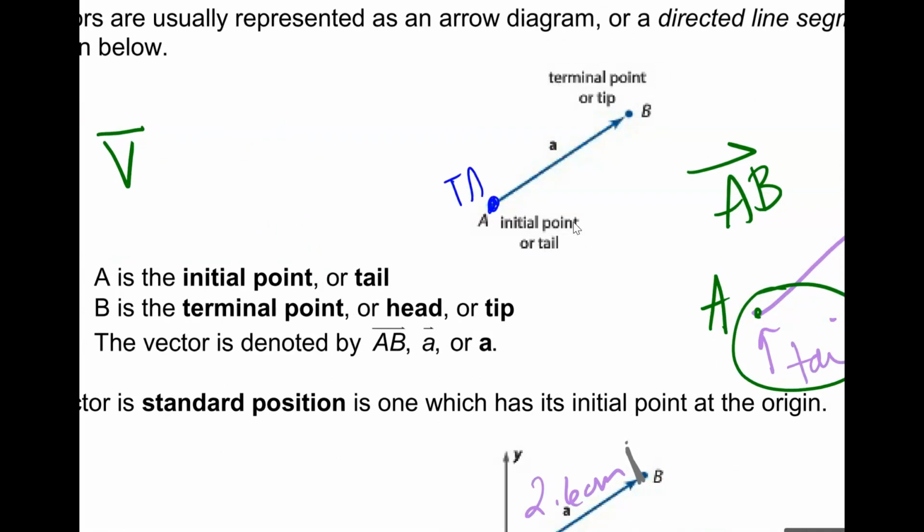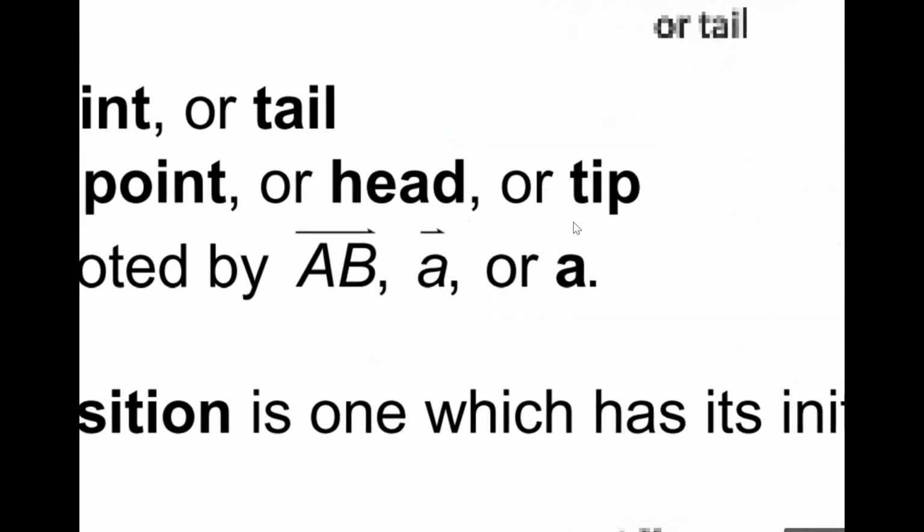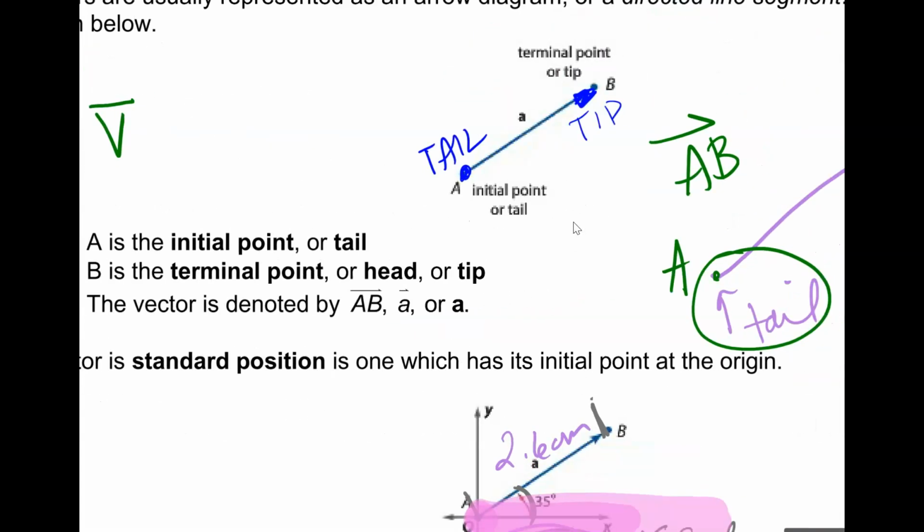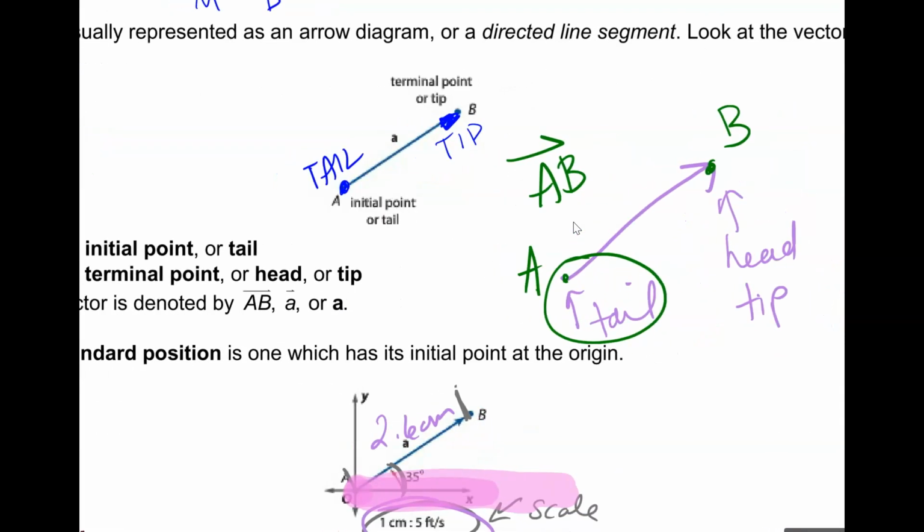B, you see where the arrow is pointing? It's called the head, or I'm going to call it the tip. We're going from A, where we're starting, to B, where we're ending, the terminal point. The vector is denoted AB, a, or vector A. You see how there's a half arrow above those, or a bolded letter. Okay, so tip to tail.